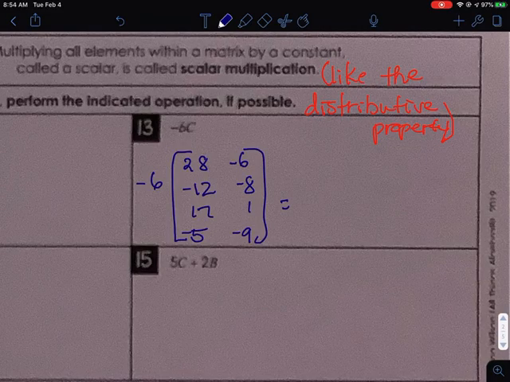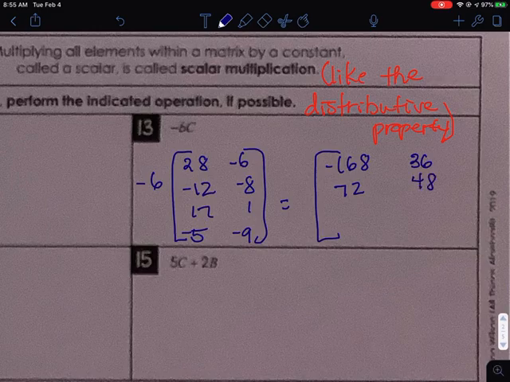So now all I'm going to do is start with the first element on the top row, and I'm going to multiply 28 times -6, and I get -168. To finish out the top row, -6 times -6 is 36. On the second row, -6 times -12 gives me 72. -6 times -8 is 48.